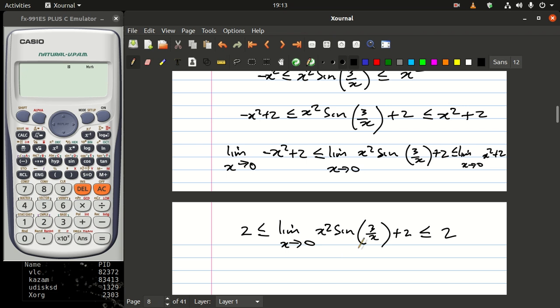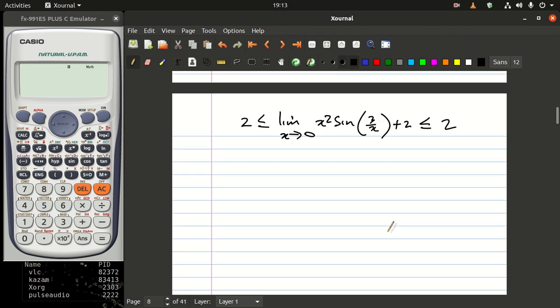So this number is between 2 and 2. Therefore, this whole thing must actually be 2.